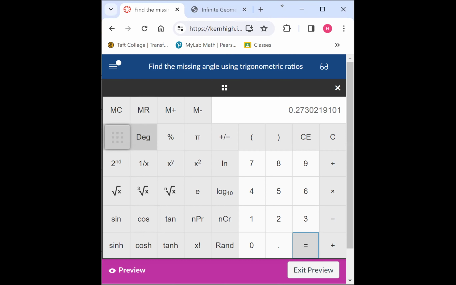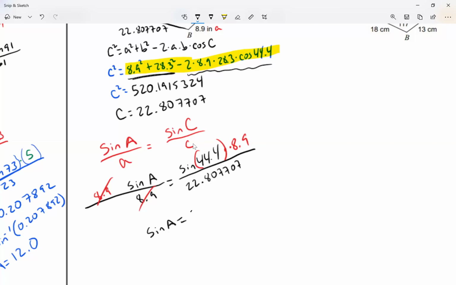You guys see that, right? I'm going to round it to 6 decimal places. So let me bring it back over here. 0.273022. So angle A is sine inverse of that.